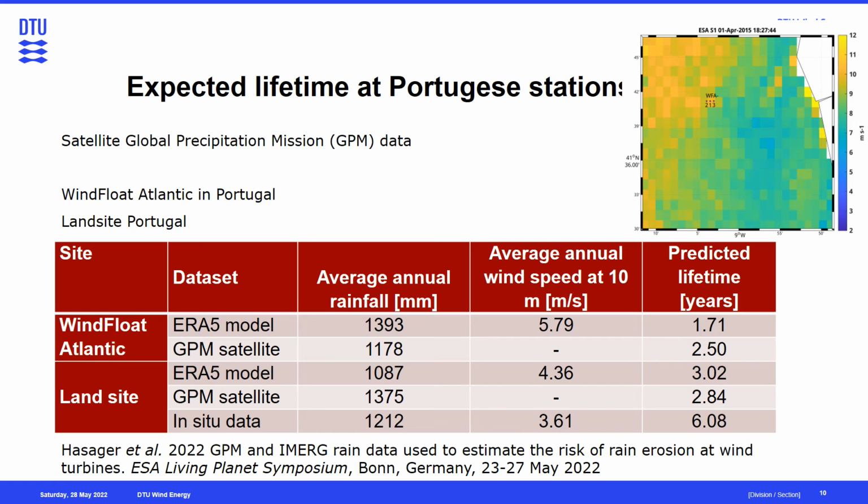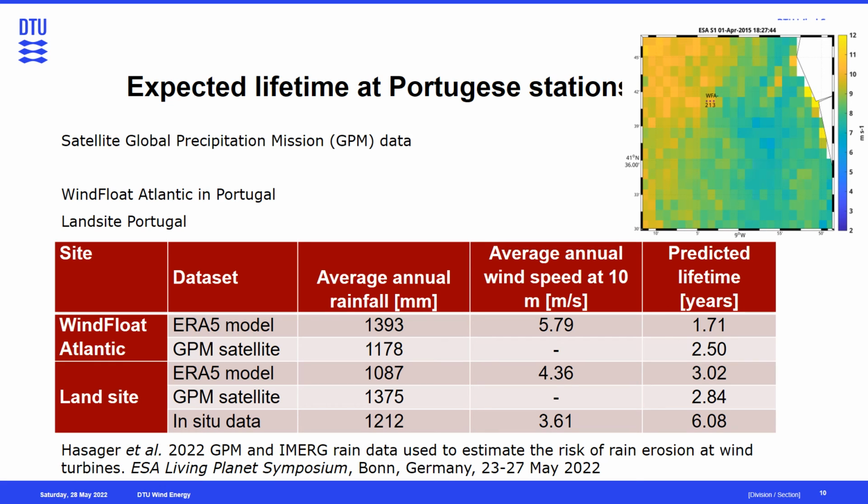We also have an example here on the expected lifetime at a Portuguese station. On the map you see the WindFloat Atlantic wind farm off Portugal. They are floating turbines. If we assume the ERA5 model gives us the rain and wind information, or we can use the Global Precipitation Mission satellite data, we see annual average rainfall.